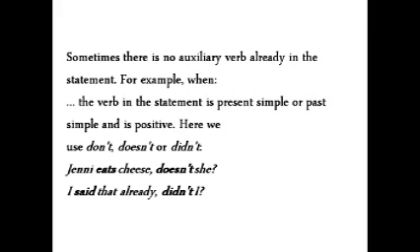Jenny eats cheese is a positive sentence. It is a simple present tense, and therefore we write doesn't she for the tag, because Jenny eats cheese is a positive sentence, and therefore the tag should be in the negative, doesn't she?